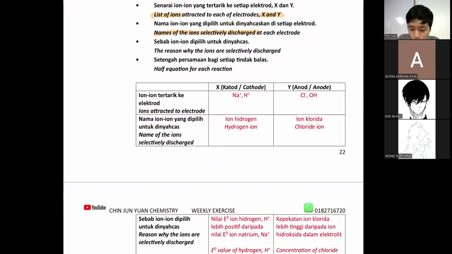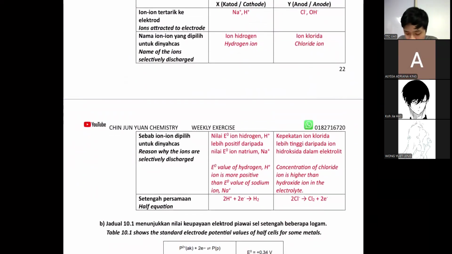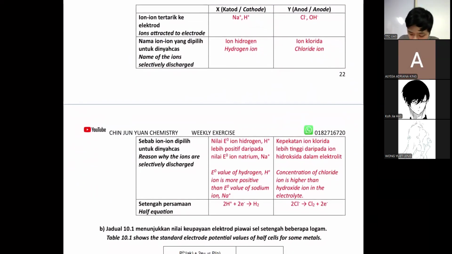And then 2 marks for the reason why you choose, why you select this ion. For cathode, you say E naught value of H+ here. E naught value of hydrogen ion is more positive than E naught value of Na+.